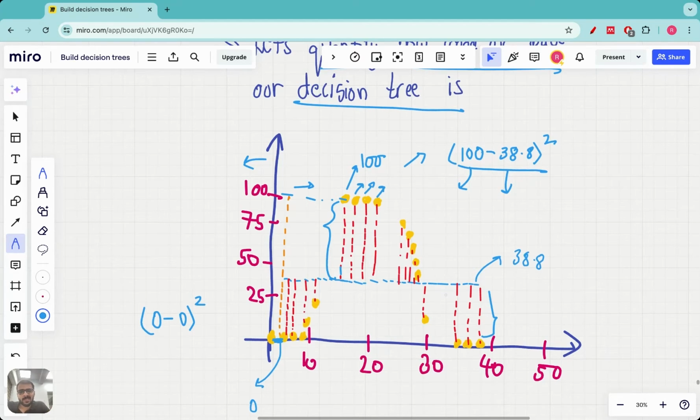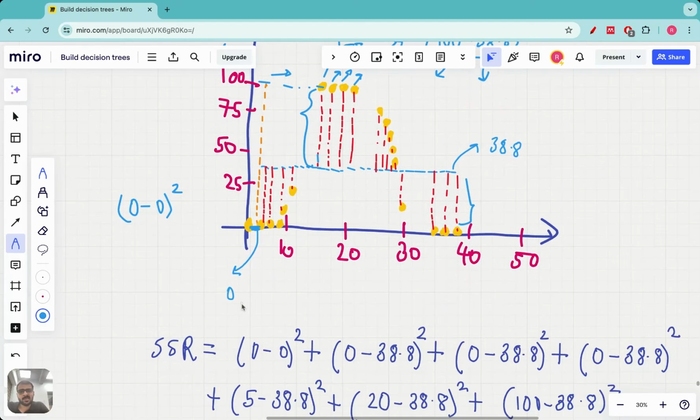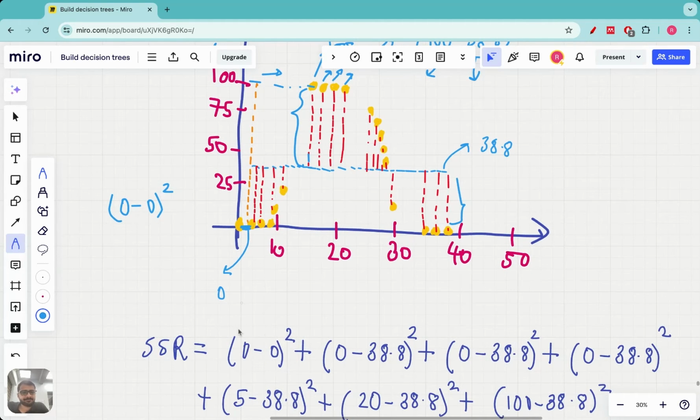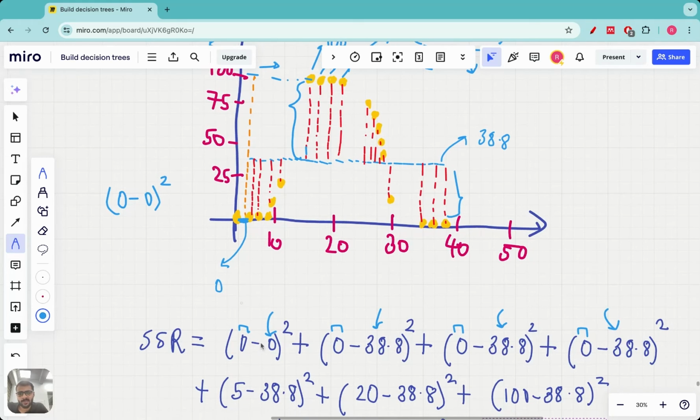So the way we will calculate the sum of squared residuals is that for every single point, we will first write down the true value, which is what has been written here, and then the predicted value, which is the value our decision tree predicts. You will see that only for the first point the squared residual will be equal to 0.